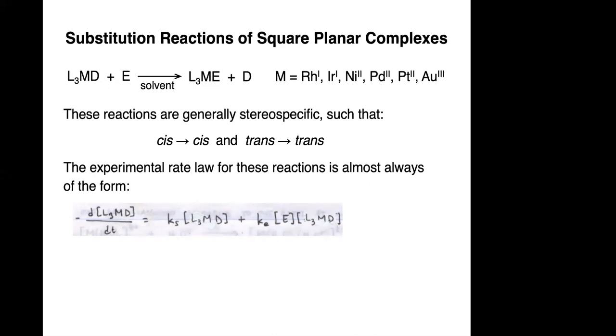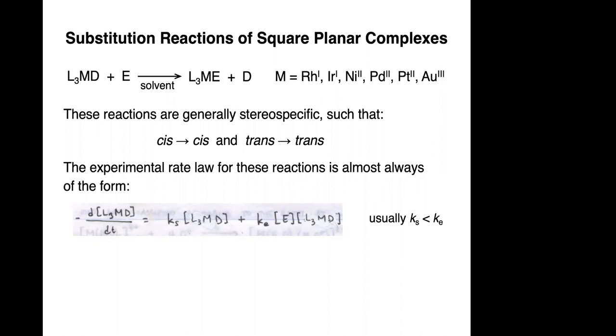That second term has a dependence on the concentration of the entering ligand as well as the concentration of the starting complex. And the general observation is that typically the Ks rate constant will be smaller than the Ke rate constant.